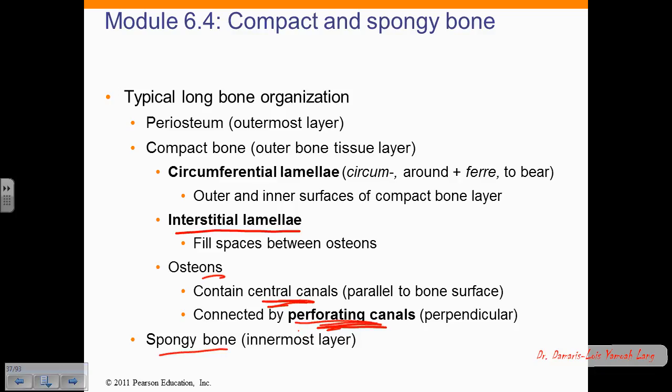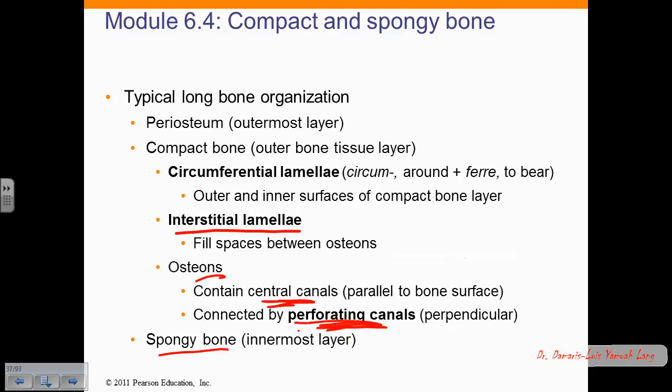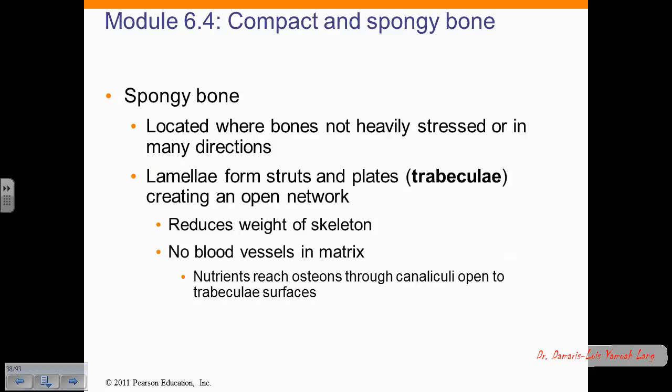The spongy bones are usually in the innermost part. Okay, as you can see, they are inside towards the marrow, or when you look at the head of the long bone, it is also towards the inside. The outer part is usually compact bone, and the medial part is usually spongy bone. So spongy bone, like I said, has no osteon, it is more in plates, and the matrix has no blood vessels going through it, like the osteon has the central canal.